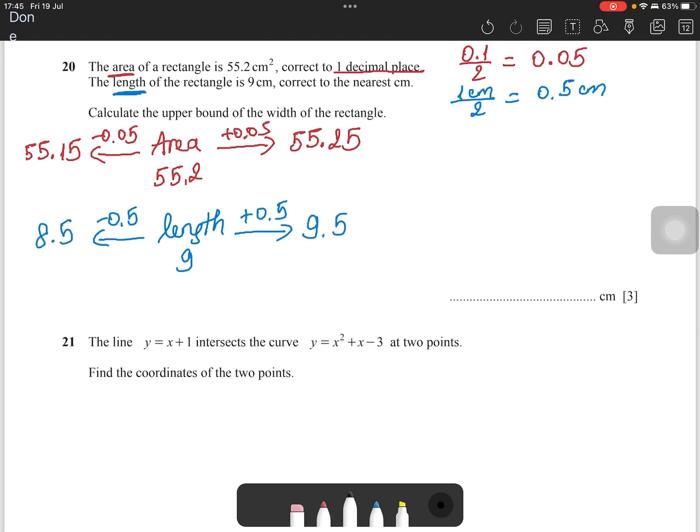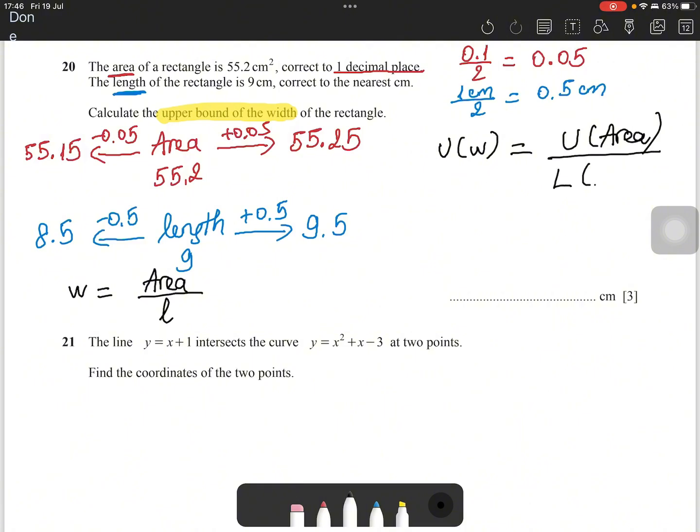And now we want to find the upper bound of the width of the rectangle. First, we need to consider the formula for the width. To find the width, we will divide the area by the length. So, the upper bound for the width is equal to the upper bound of the area divided by the lower bound of the length.